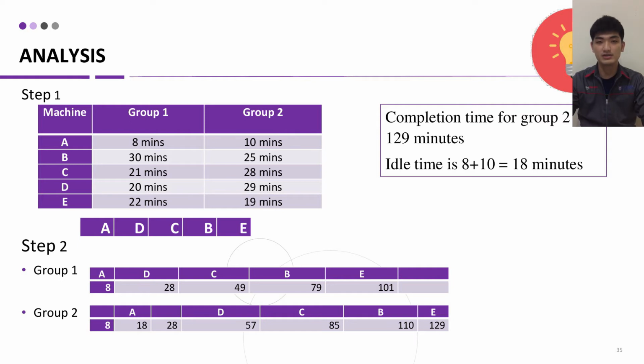We can notice that the completion time for group 1 is 101 minutes, while for group 2 it is 129 minutes. So the idle time for group 2 is 18 minutes.